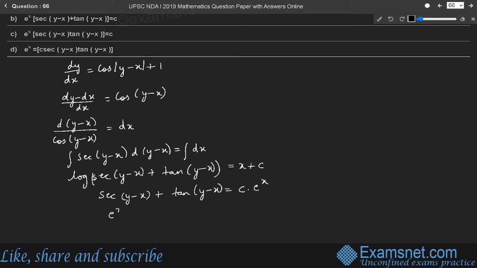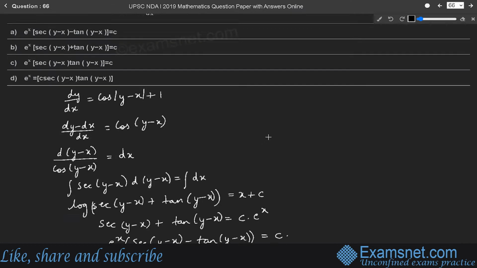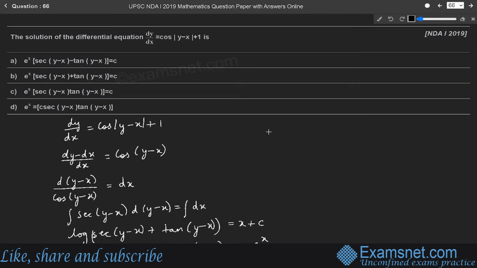So it can be written as e to the power minus x into (sec(y minus x) plus tan(y minus x)) is equal to c. Therefore, this is the correct solution for the given differential equation. So the correct option for this question is option number A.